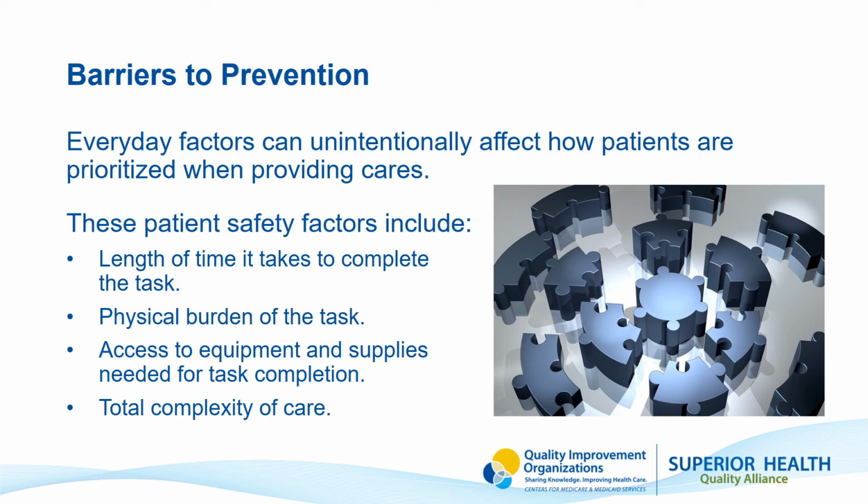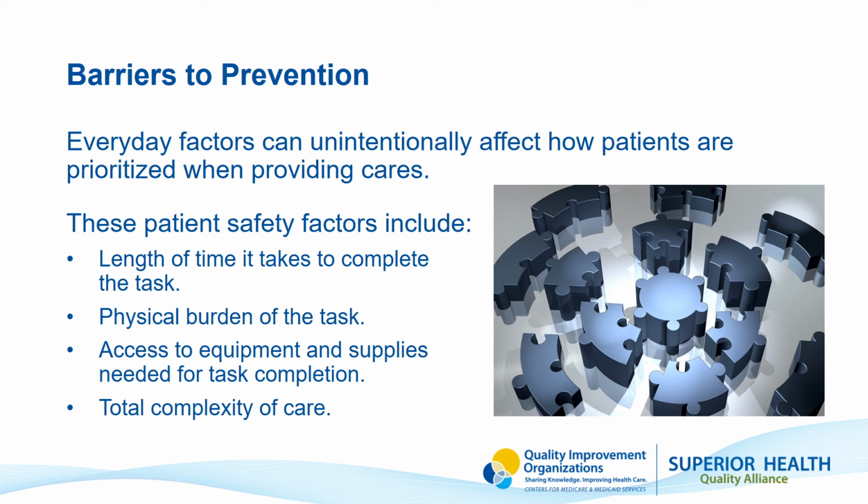The following are examples of everyday factors that can unintentionally affect how residents are prioritized for repositioning and play a role in how residents receive care, including the length of time it takes to complete repositioning, the physical burden of repositioning, access to equipment and supplies to assist with repositioning, and the total complexity of care for specific residents.